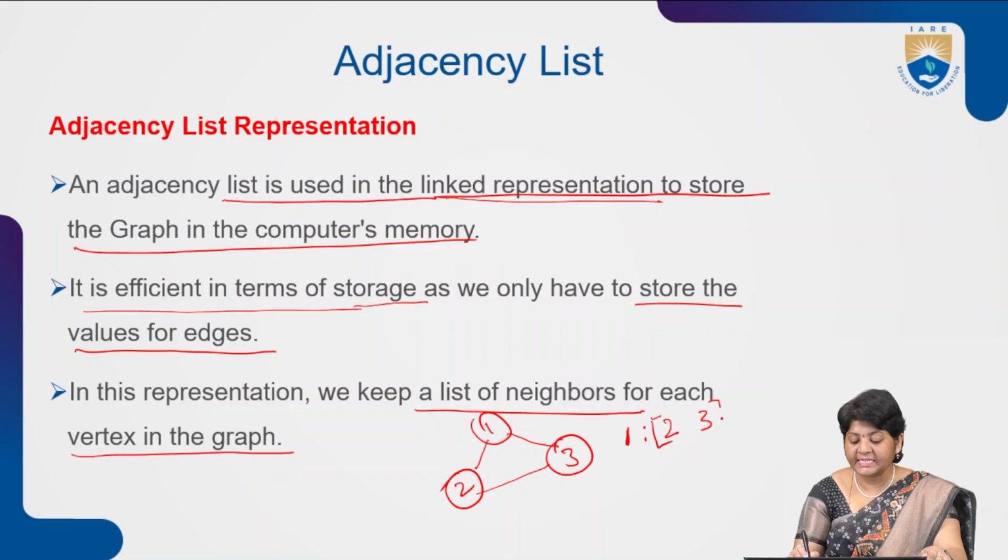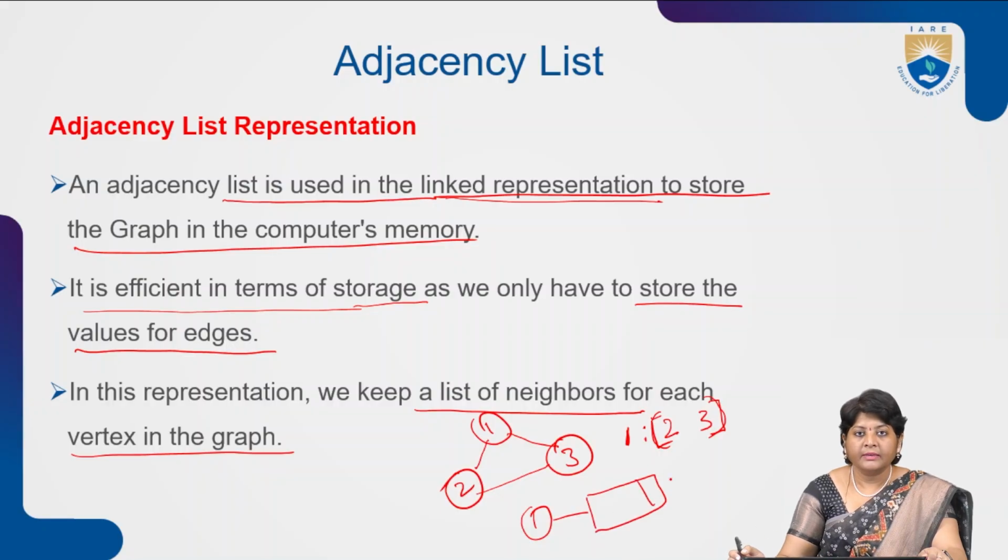Whether we store this in a list or in the form of a tuple, that is our general description. But in memory, it will be stored in the form of a linked list. A vertex will be considered, and the vertices connected to this vertex are in the form of a linked list.